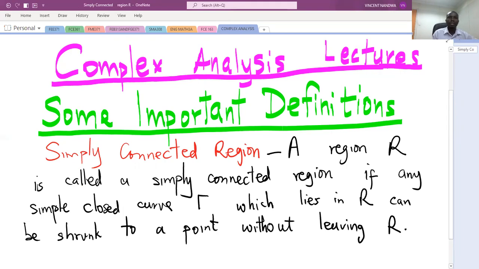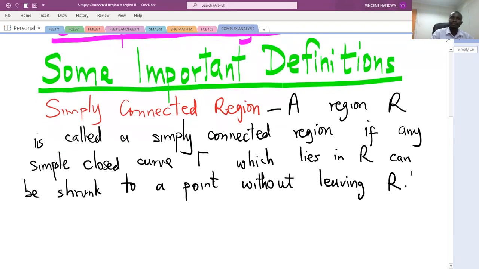So this is how we define a simply connected region. That a region is called simply connected if any simple closed curve gamma, which lies in this region R, can be shrunk to a point without leaving R. So let's demonstrate on a diagram.